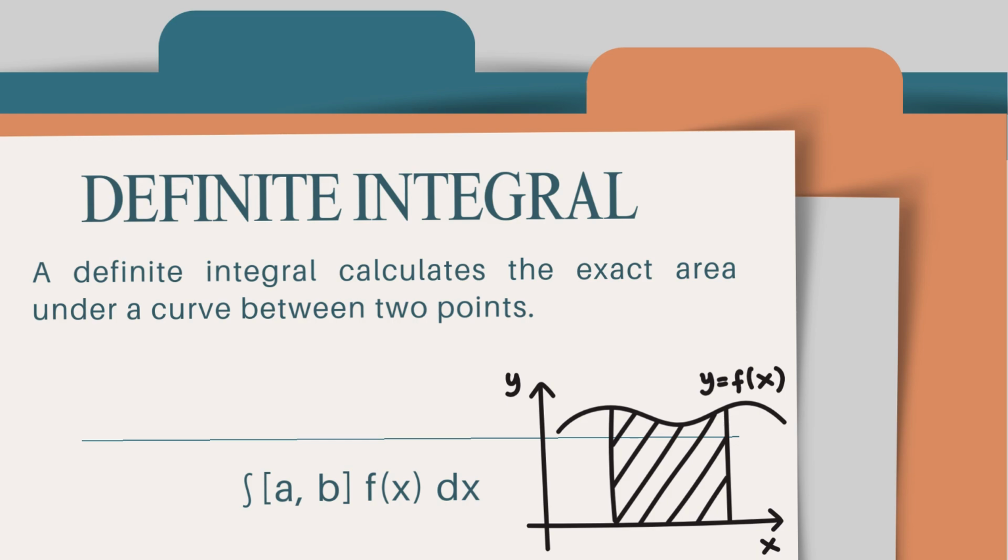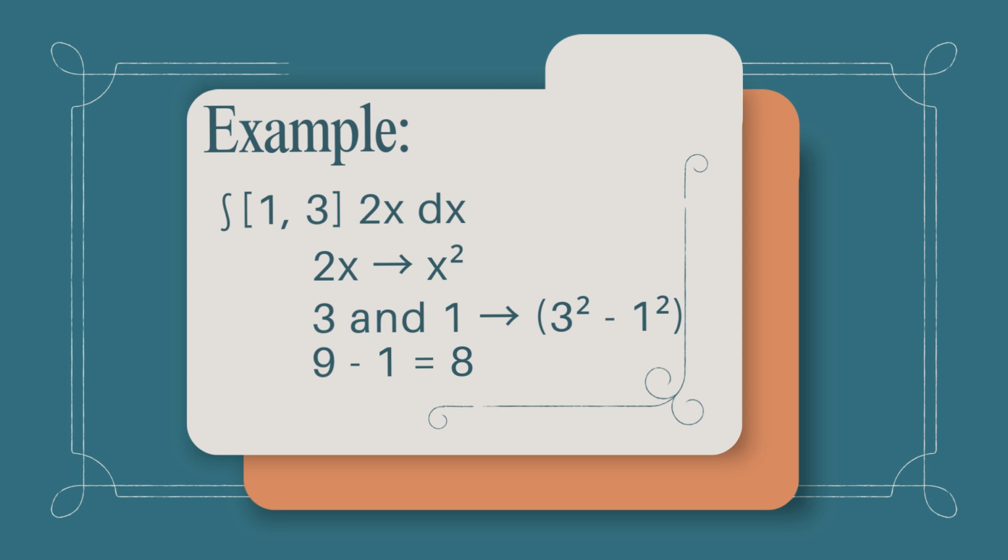So for example, we have the integral from 1 to 3 of 2x dx. So we have 2x. When we integrate 2x, we will get x squared. So we will just use them for 3 and 1.